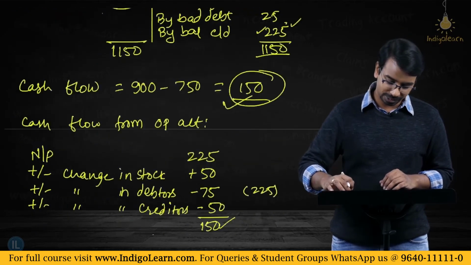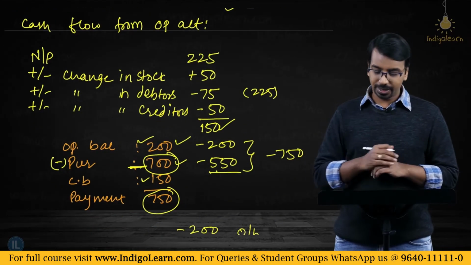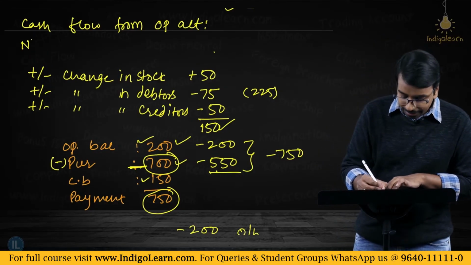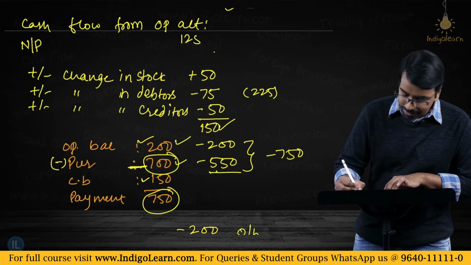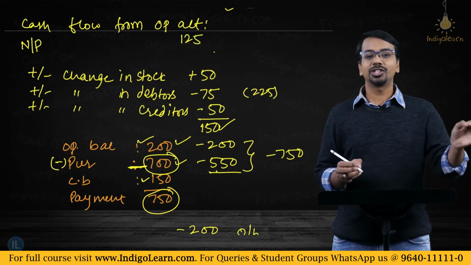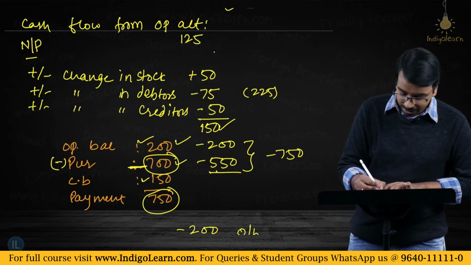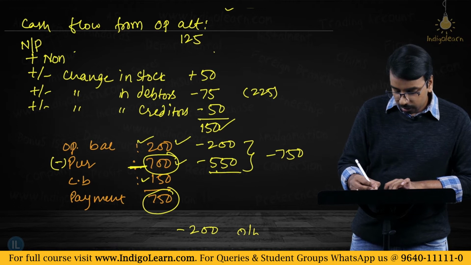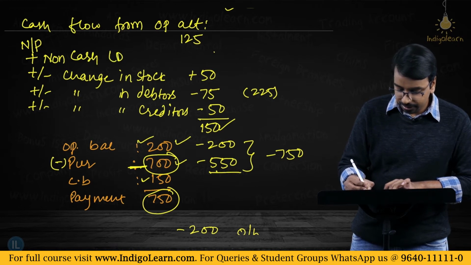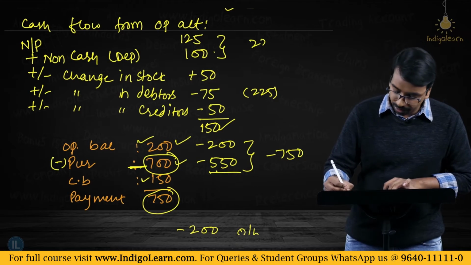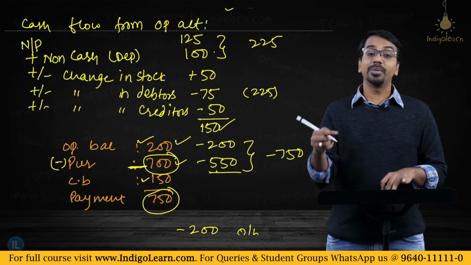So come to your cash flow statement. When we are preparing cash flow from operating activities, my net profit currently stands at 125, but I know my depreciation is not a cash outflow. I will say add non-cash item, which is depreciation of 100. So earlier here I had 225, I debited 100, I made it 125.